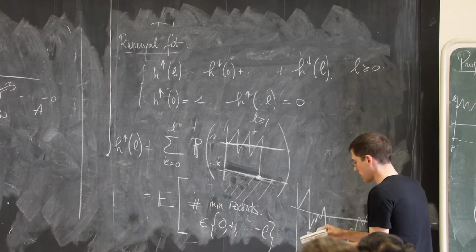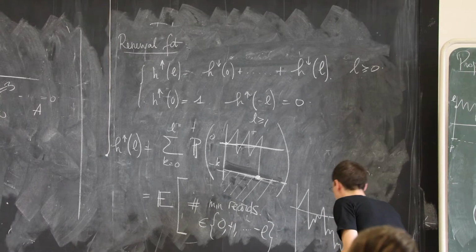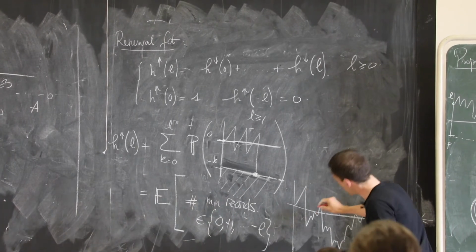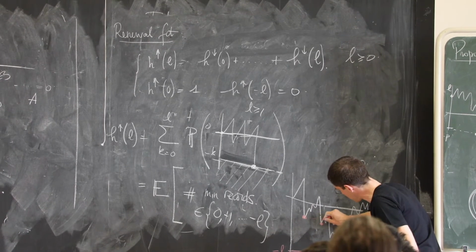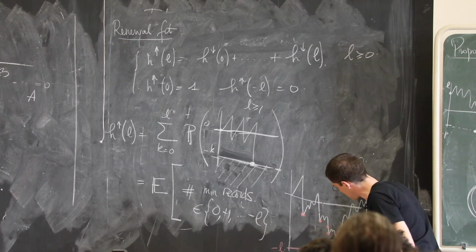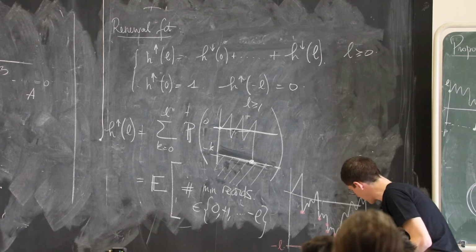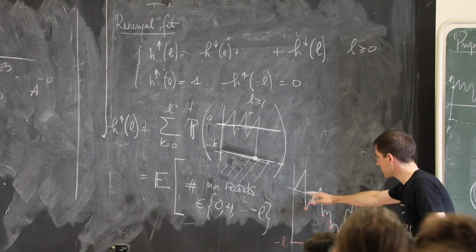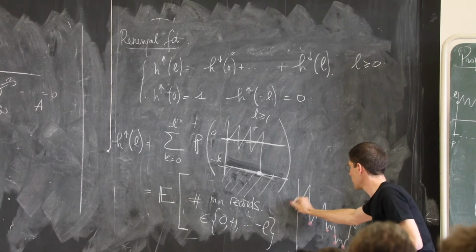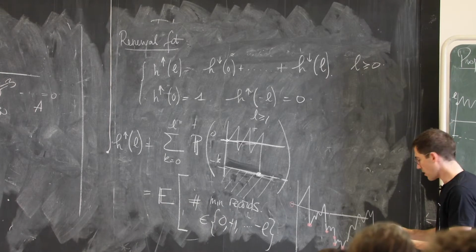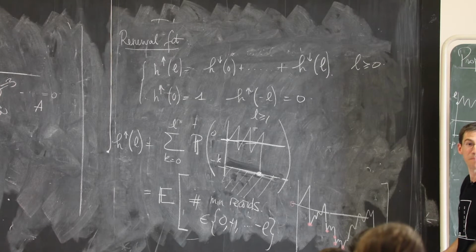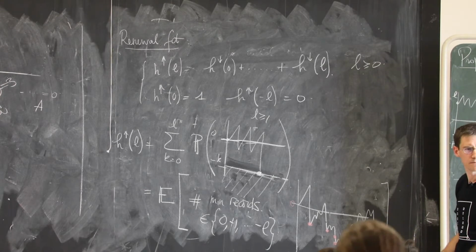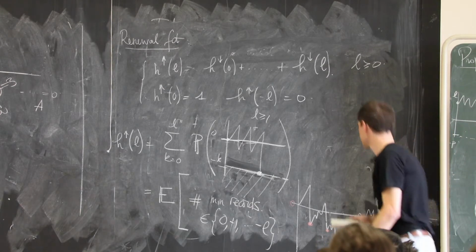That's your walk, that's your threshold minus L, and you count the number of minimal records. That's a new record, that's a new one, a new one, and then this one is not in between 0 and minus L. So that's the number of red points here, the expectation of the number of red points. Right?